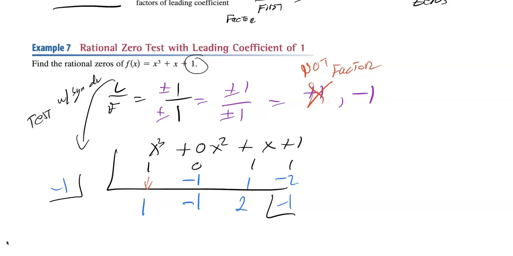And I get negative 1. So also not a 0, so also not a factor. So this has no rational zeros. That was not my favorite example, but it shows you sometimes you get no rational zeros, and you have to get a 0. In both cases, I didn't get a 0.